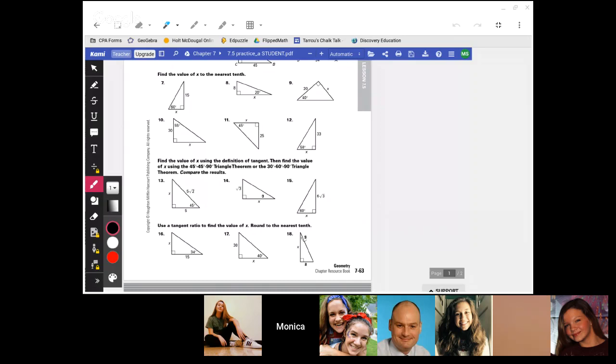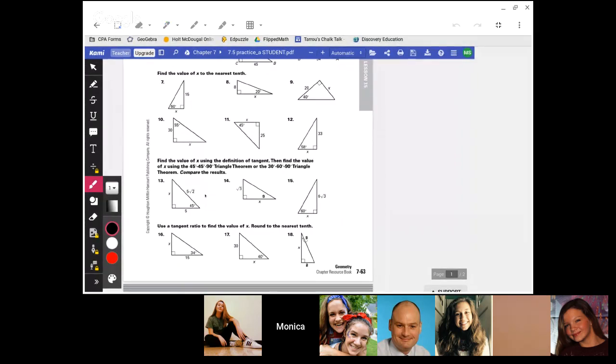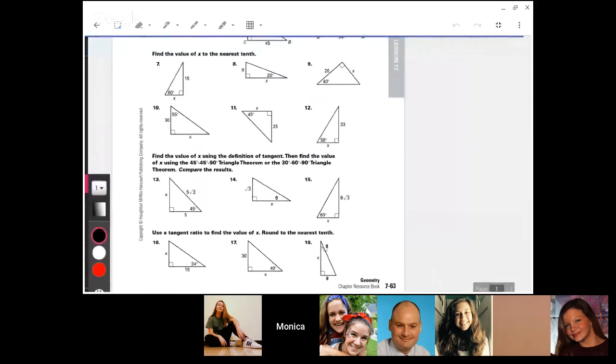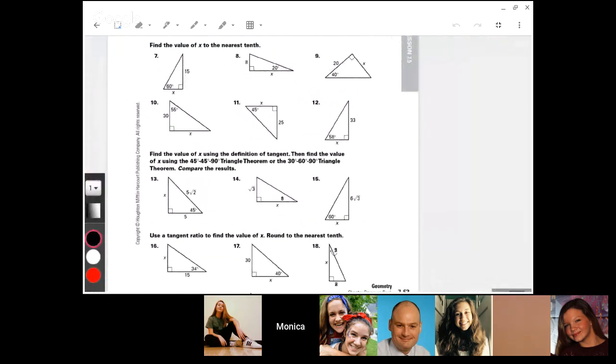Okay, Abby, so for number 13, let me see if I can zoom into it a little bit. Number 13, the first thing, just do tan of 45 equals, let me turn back to my marker.